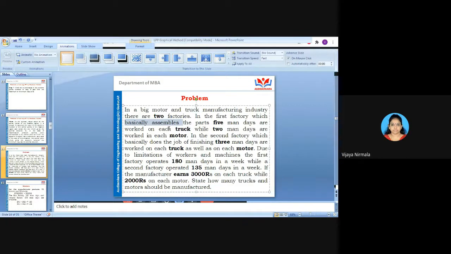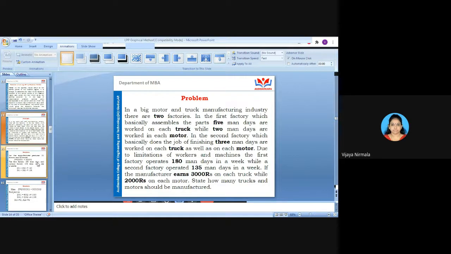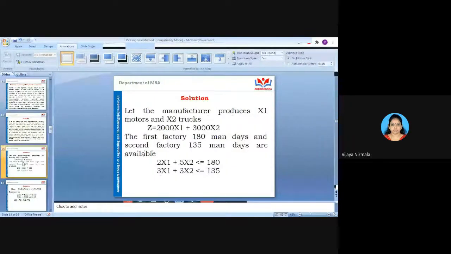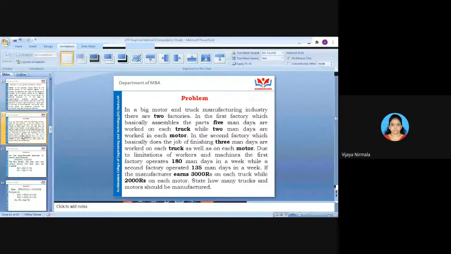Did you understand the problem first of all? Tell me whether this problem is related to maximization or minimization. You can type in the chat box also.